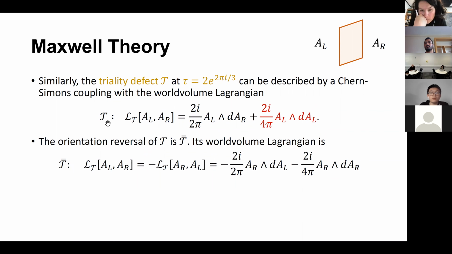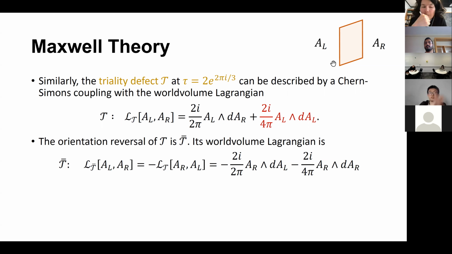In the language of these worldvolume Lagrangians, we can also easily define the orientation reversal of T. The orientation reversal of T is T bar, and its worldvolume Lagrangian can be obtained from T by doing a rotation on this figure that I've drawn here.